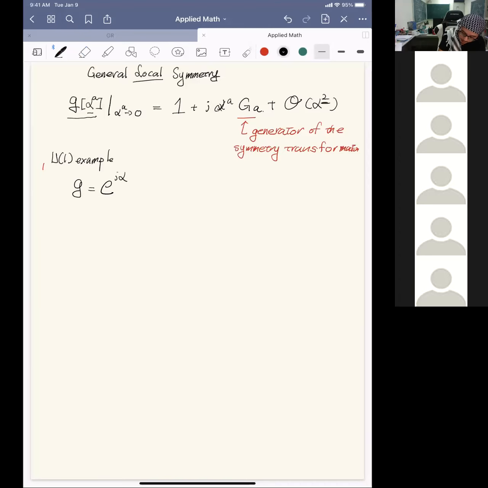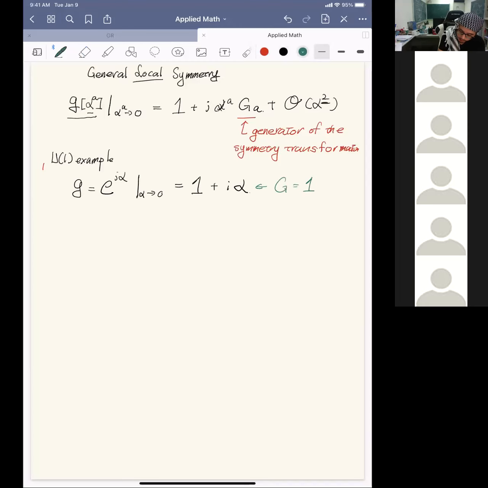So in the alpha goes to 0 limit, my G looks like 1 plus i alpha. That means my generator is just equal to 1, just some constant, some number.